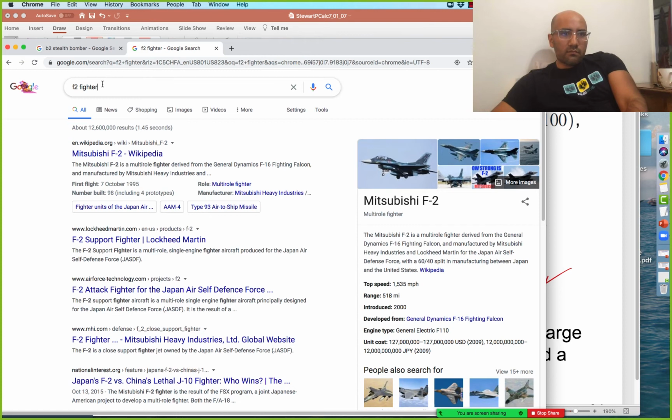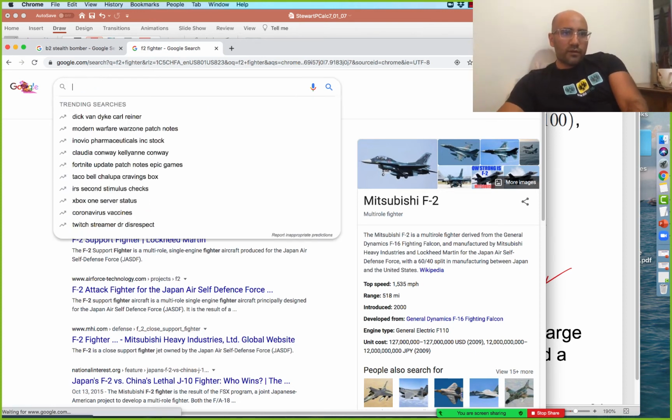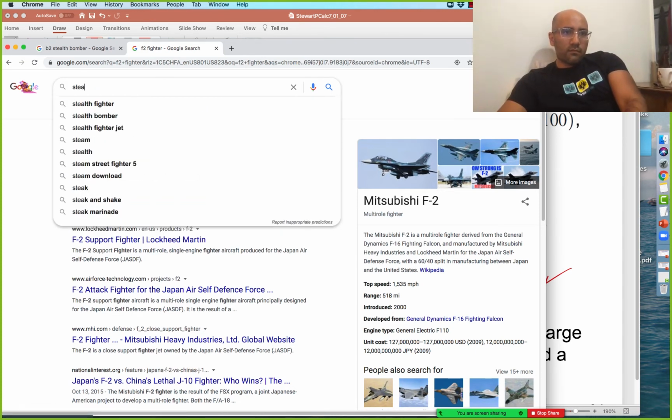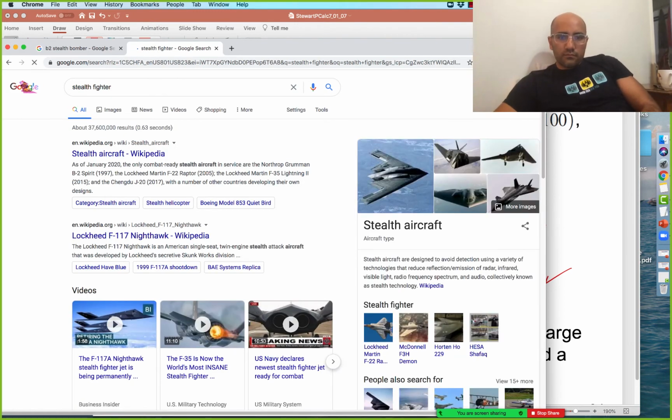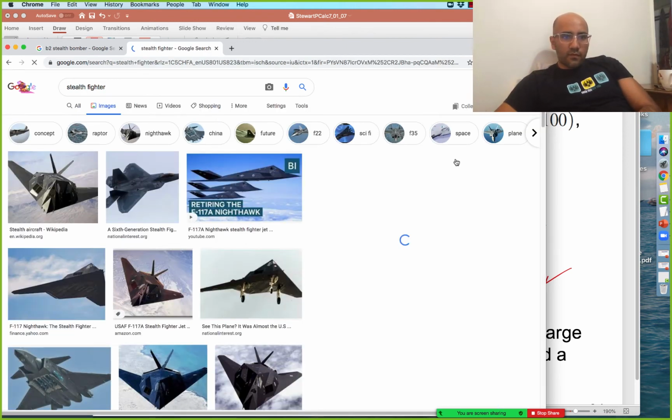No, that's not it. Stealth fighter. Which is the stealth fighter? This one's what you want to look at.